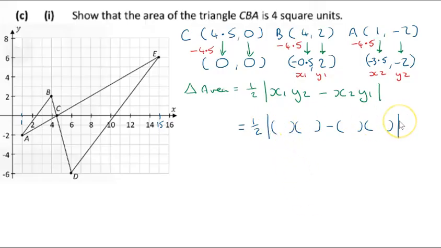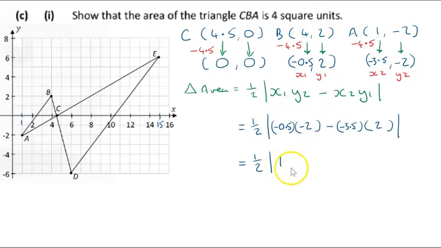We set up our formula, replacing each of the letters with brackets. Then we sub into the formula. x1 is minus 0.5, y2 is minus 2, x2 is minus 3.5, and y1 is 2. Then we simplify. We have a half on our line, and minus 0.5 times minus 2 is 1.